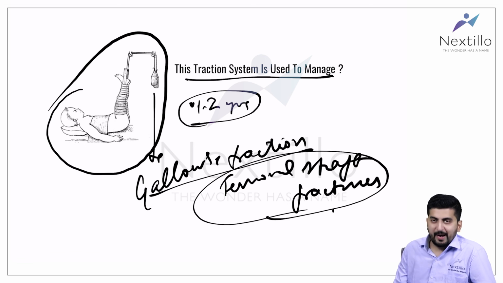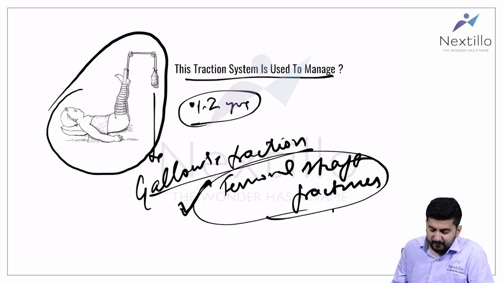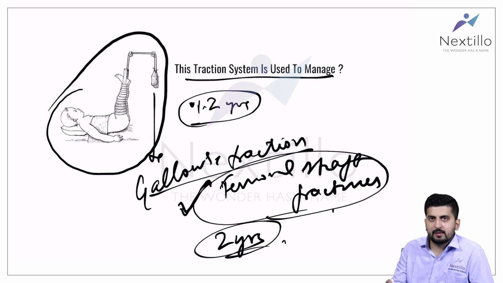So this is a gallows traction, and it is used in the management of femoral shaft fractures of children up to 2 years of age.